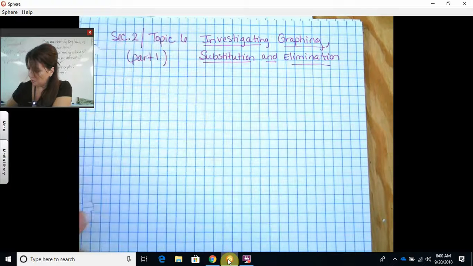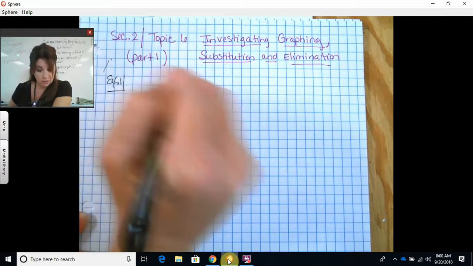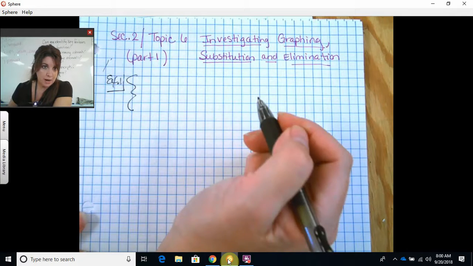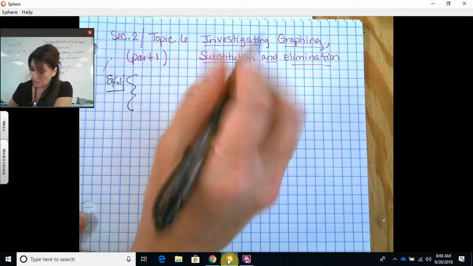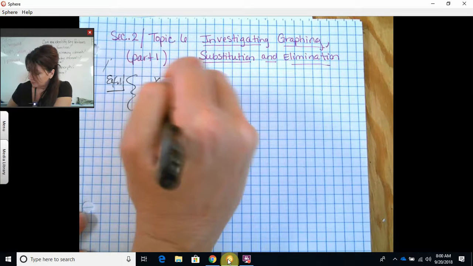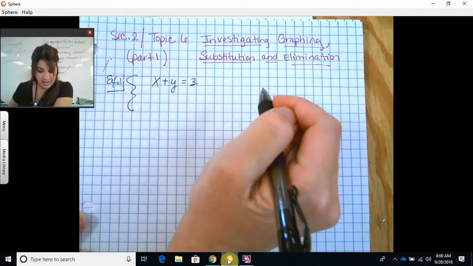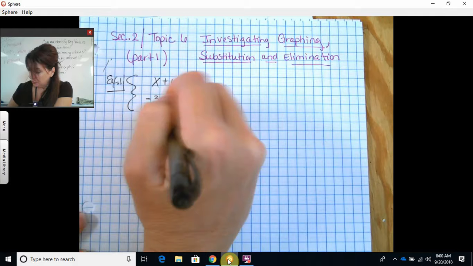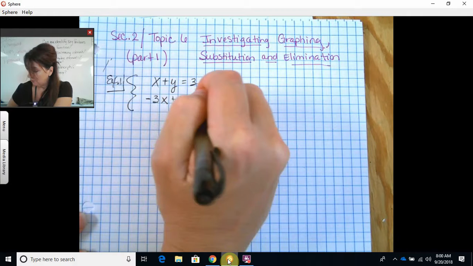So in example 1, we're going to solve a system, and that bracket lets you know that you got a system coming. We have x plus y equals 3, and we have negative 3x plus 2y equals negative 4.